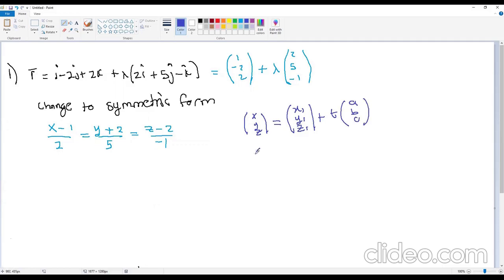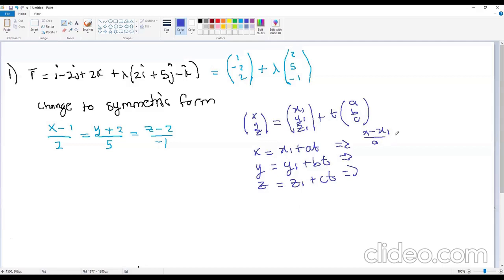Then x can be x1 plus at, y can be y1 plus bt, and z can be z1 plus ct, which implies that if you solve for t, you take x1 to this side, minus x1, then divide by a, and you'll be left with t.